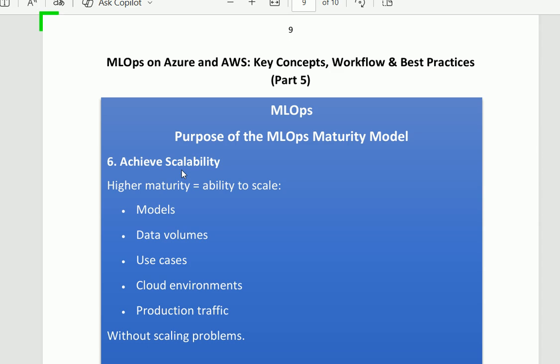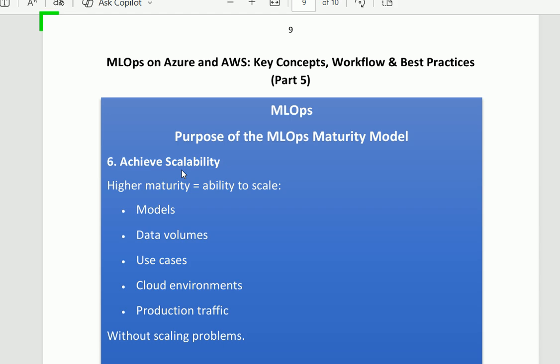Scalability means you can scale your infrastructure, your pipeline, and your training data in an automated way. We can scale the models and the data volume. We use automation for the different cases, and we configure the cloud environment by using Terraform.